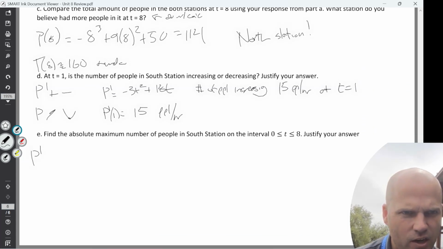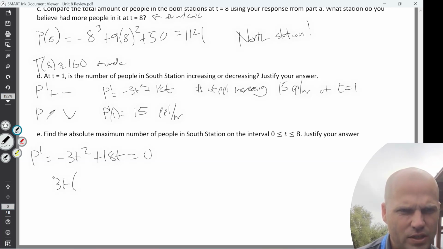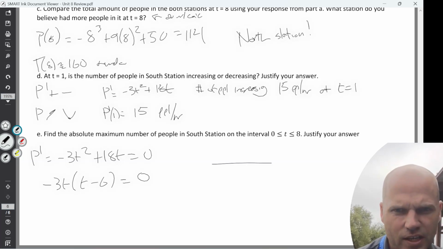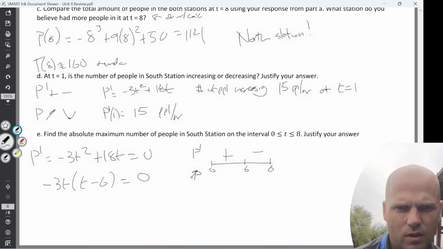Guys, look at this. You could take our derivative and set it equal to 0 and do a sign analysis. Pull out a negative 3t. I got t minus 6. This is why this works out so nicely, because we could factor this. So I got 0 and 6. Honestly, this works out phenomenally. If I plugged in 1, we'd get positives. If I plug in 7, I get negatives. P prime is positive, so P is increasing, then decreasing.